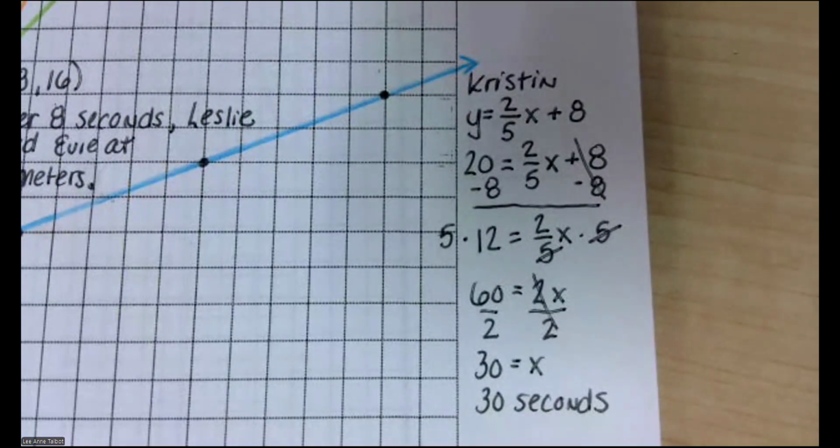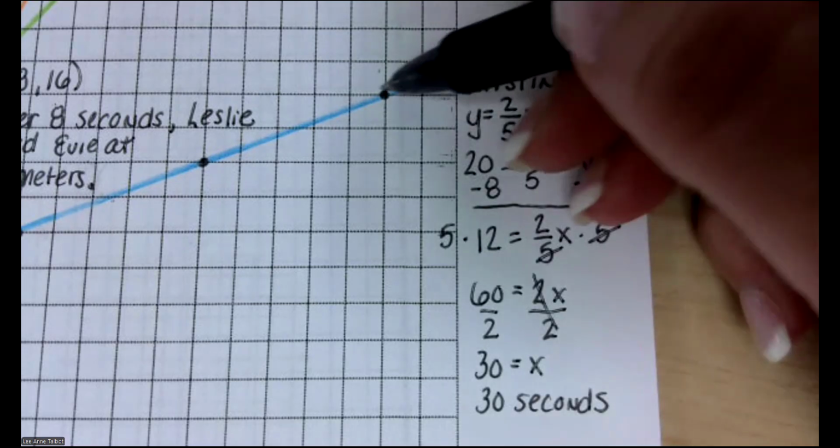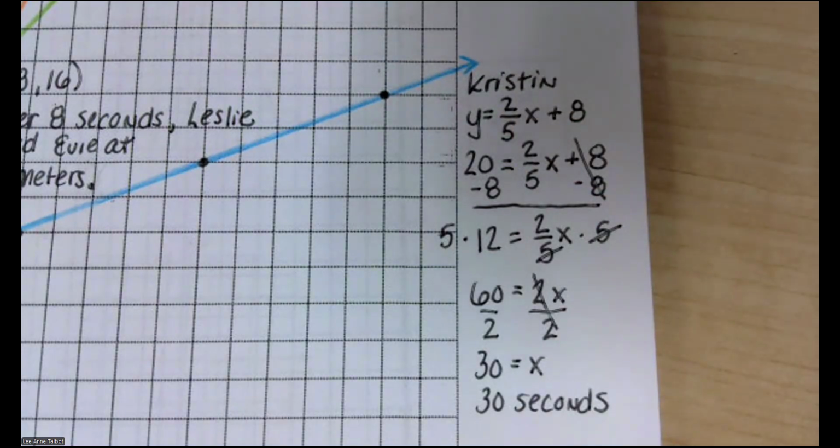I got 30 seconds. Does that seem reasonable from our graph? If we went up 2 over 5 and up 2 over 5 again? I think it looks pretty good. Poor thing.